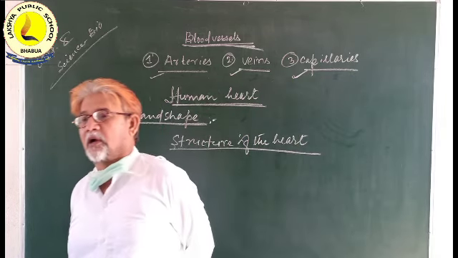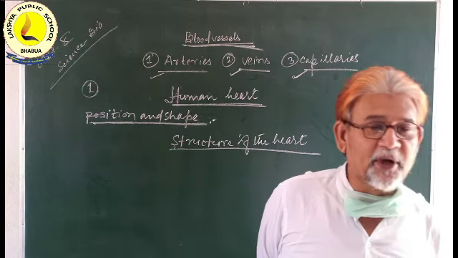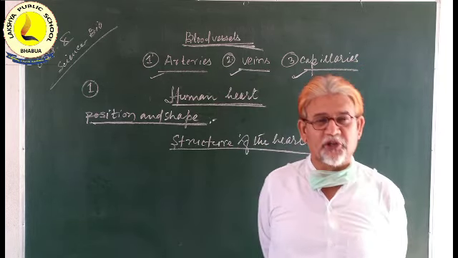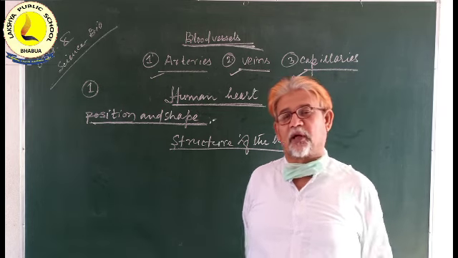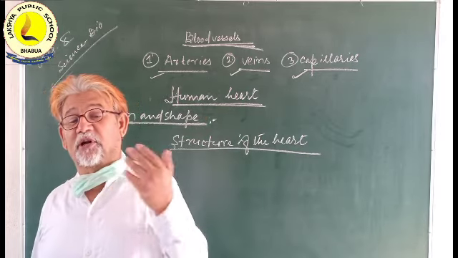The auricles are upper, smaller, thin-walled, receiving chambers. These receive the deoxygenated as well as the oxygenated blood.